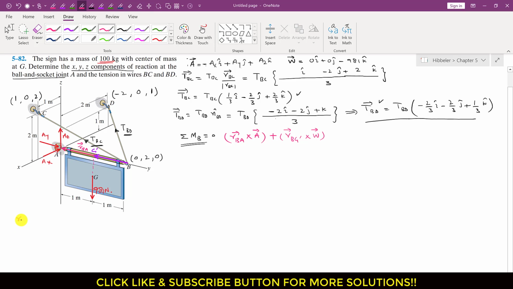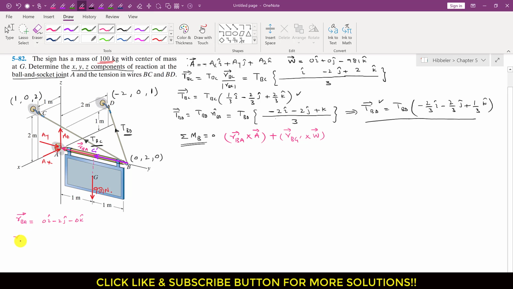We need to travel the coordinates of B from A. The coordinates of A are 0, 0, 0. So 0 minus 0 is 0 i, and 0 minus 2 is minus 2 j, and 0 minus 0 is minus 0 k. So this is the position vector from B to A.